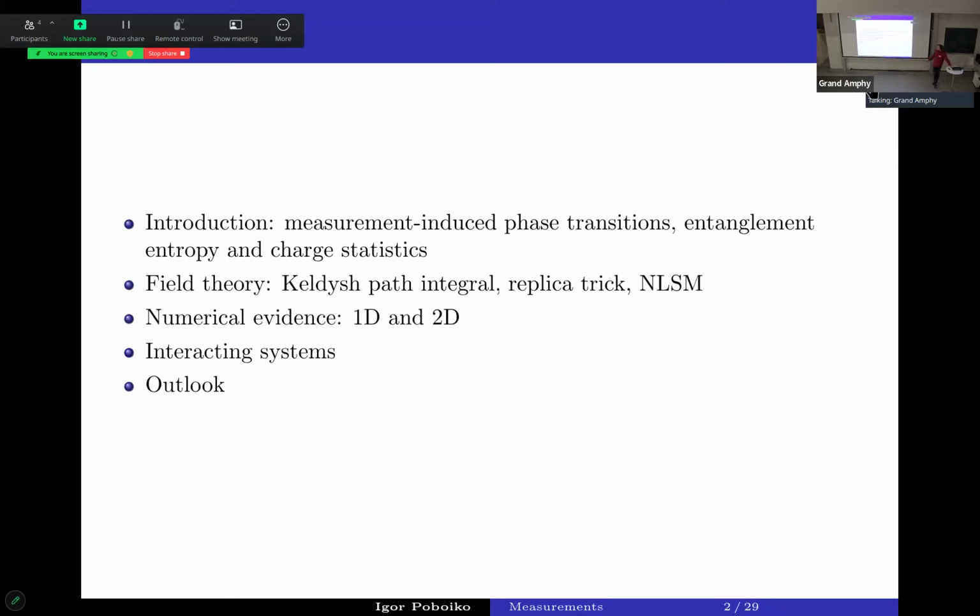Then I'll explain the field theory that we managed to develop to describe this system, namely it's related to the Keldysh nonlinear sigma model with peculiar replica limit R to 1. Then I'll present some numerical results for the model, and if time permits, I'll also give a few words about what we expect to happen when you include interaction.